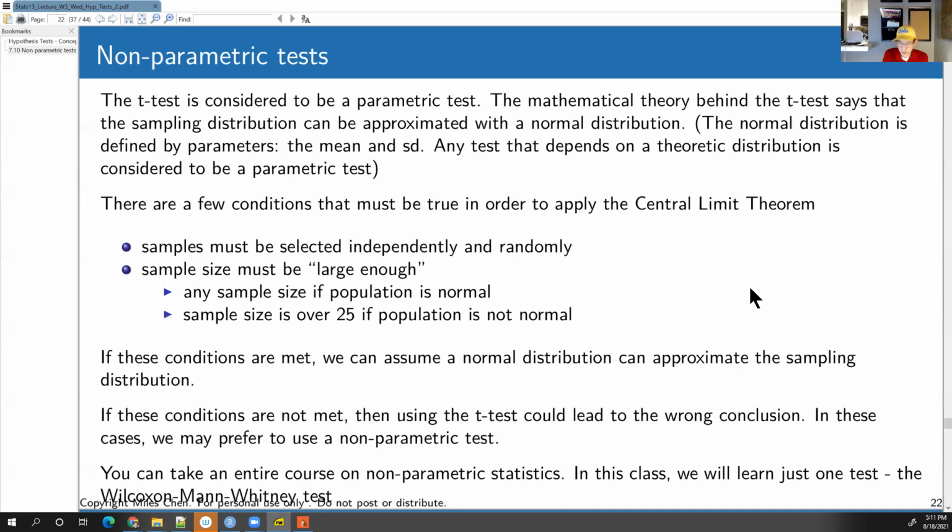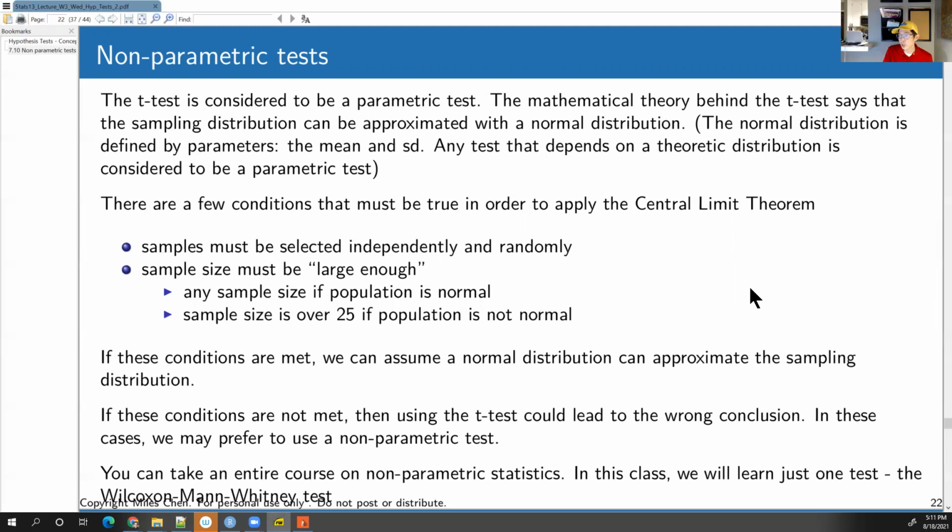The t-test that we've been talking about so far is known as a parametric test. That's because there is mathematical theory behind the t-test that effectively says the sampling distribution can be approximated with a normal distribution. We looked at sampling distributions and the central limit theorem, and said the sampling distribution follows a normal distribution.